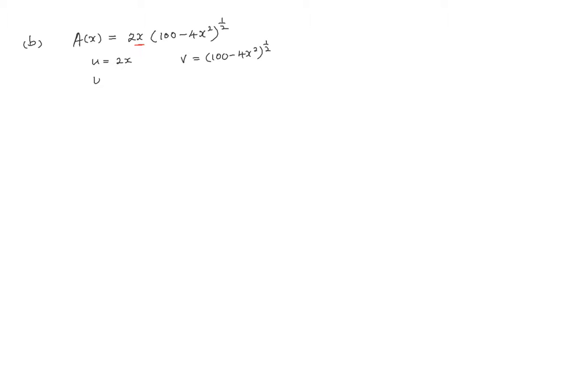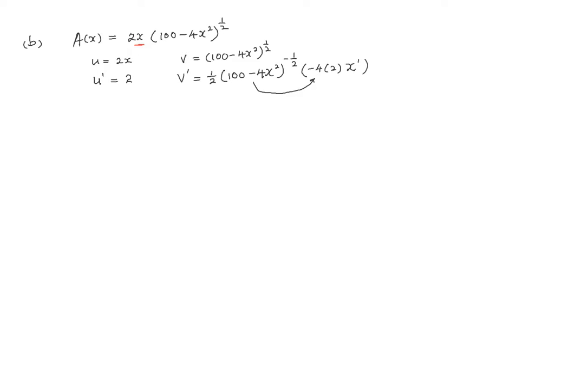So u prime is 2. v prime is multiplied by the power, copy down the whole thing. Power take away 1 becomes half. Then you have to times by the derivative of this one. That is -4 times 2, then times x to the power take away 1.